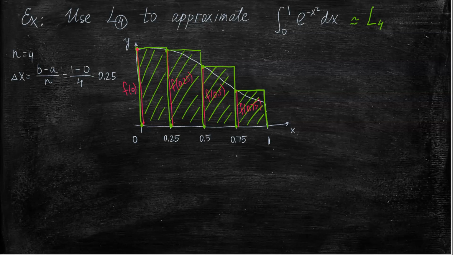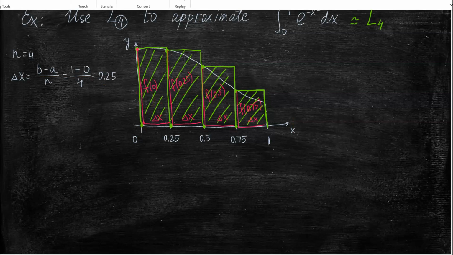Now notice how the base of all of these rectangles is the same. It's delta x, which we found to be 0.25. And now we are ready to write the expression for L4.